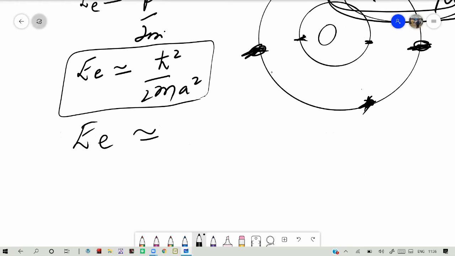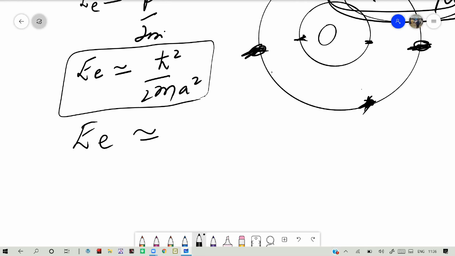In this case, EE will be a rough estimate. We are not calculating the exact value, only an approximate estimate. What will be the order of magnitude? I will not calculate the exact energy of any given system, but only the order of magnitude of the energies.